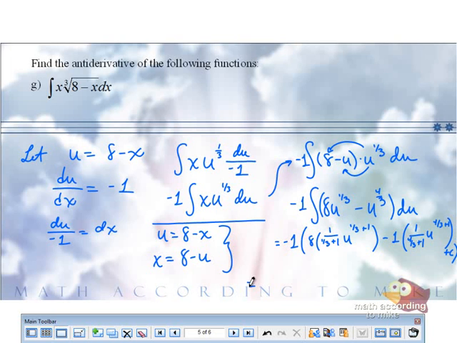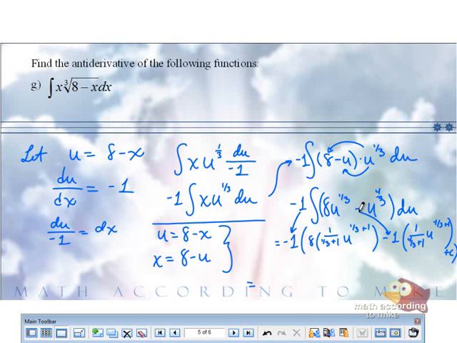So 1 over 1/3 plus 1 is 3/4, times technically negative 8.